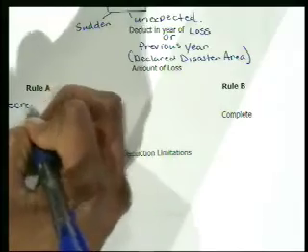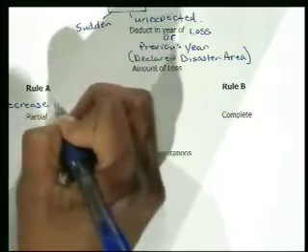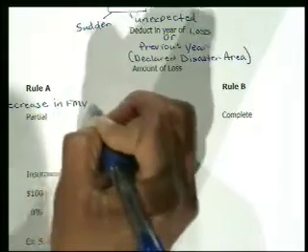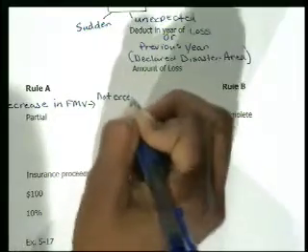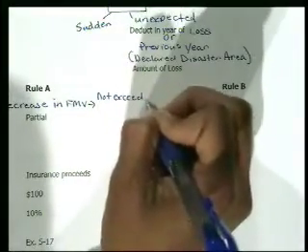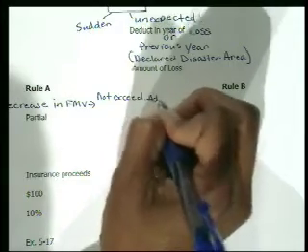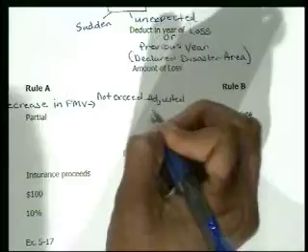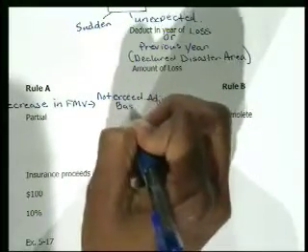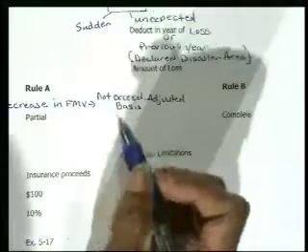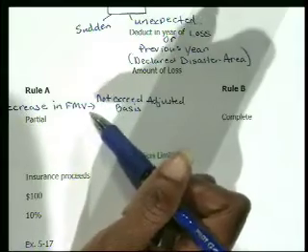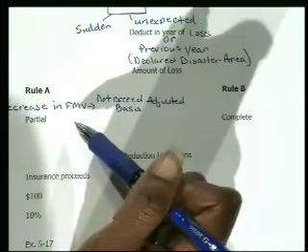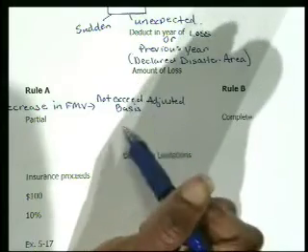Basically, the loss is going to be the decrease in the fair market value, not to exceed the adjusted basis. So the deduction under Rule A is going to be the decrease in the fair market value, but I can't exceed the adjusted basis in it.